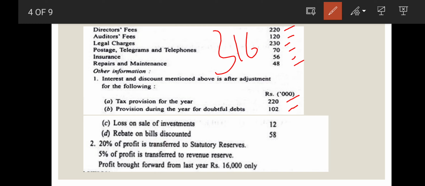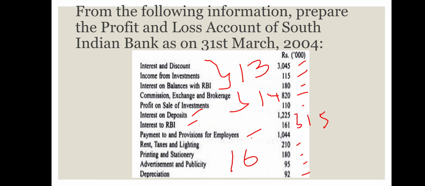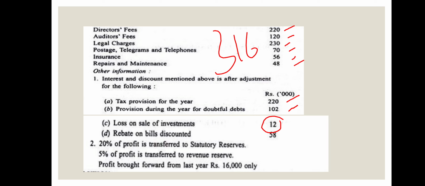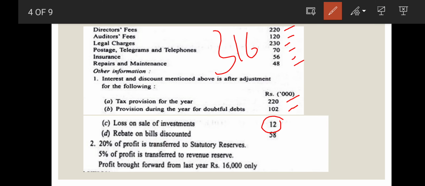Loss on sale of investment 12: we deduct the value from the sale of investment 112. Next is the rebate on bills discounted, which also comes under provision and contingency.